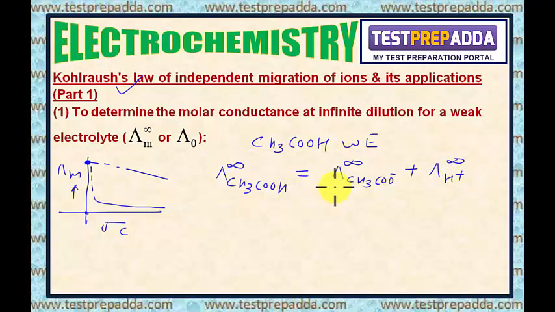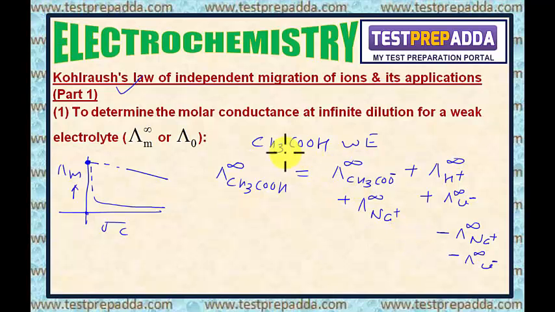Because we know it does not matter whether H plus is present with CH3COO minus or some other ion, I will take the help of that point. I will add Na plus here. But at the same time, I have to subtract this ion, so minus lambda infinity of Na plus. Now H plus. With H plus, if I put Cl minus, I have to subtract that Cl minus.